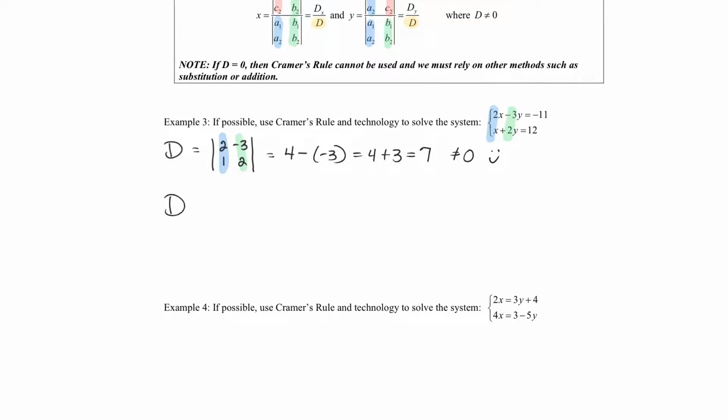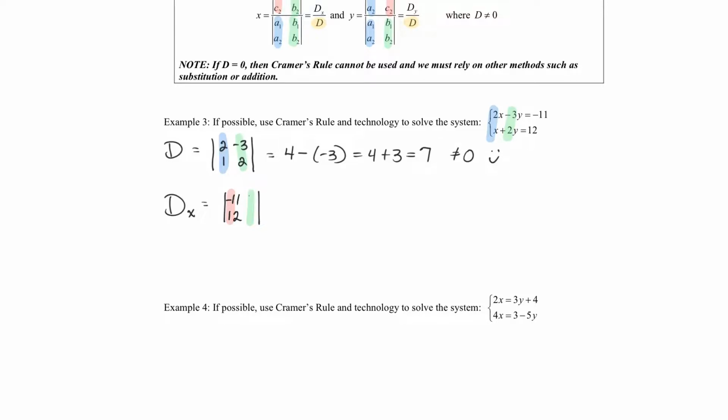Now I'm going to find that determinant that's going to help me solve for x, which the notation is D with a little subscript of x. And I know that I am going to replace the coefficients of the x variables with my constants, which in this case were negative 11 and 12.